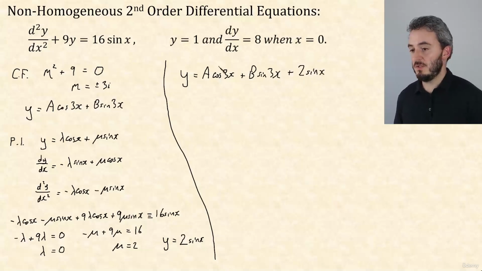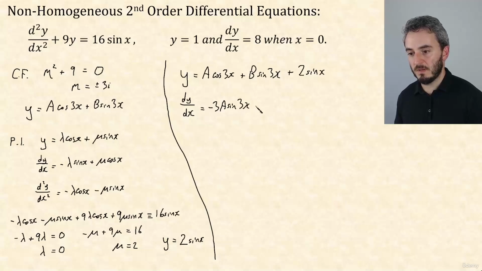Now we can solve this using boundary conditions. So when x is 0, y is 1 and dy by dx is 8. So let's find dy by dx. dy by dx is minus 3a sine 3x plus 3b cos 3x and then plus 2 cos x.